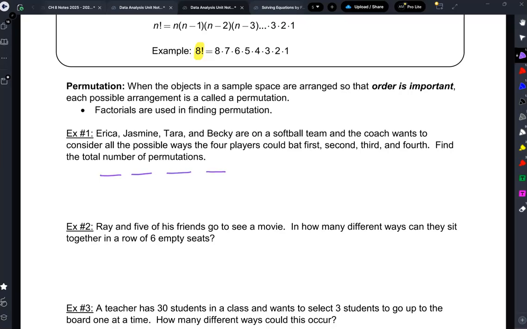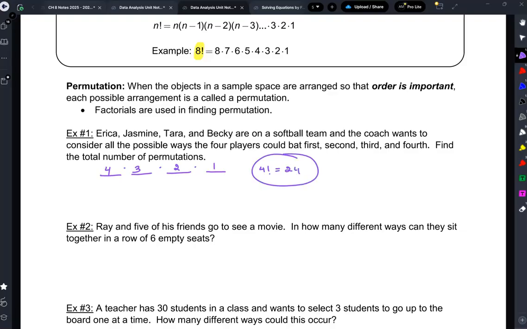For the first person to bat, we have 4 options to choose from. For the second person to bat, you have 3 options, then 2, then 1. And from yesterday, the total number of ways is 4 times 3 times 2 times 1, which is 4 factorial, and that's 24.